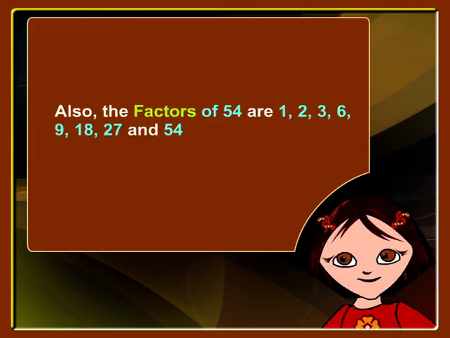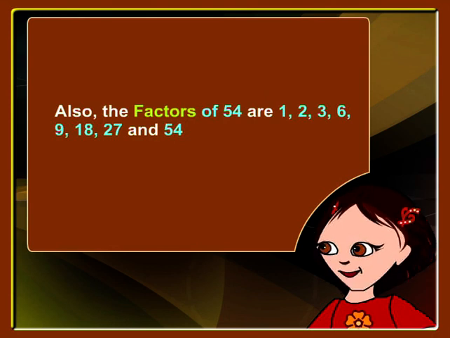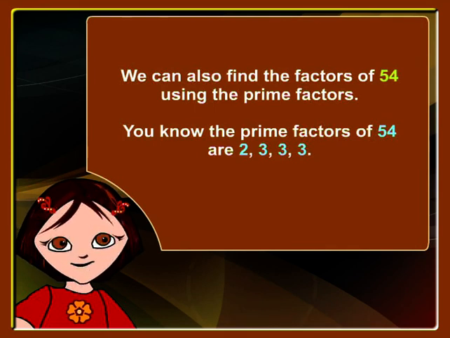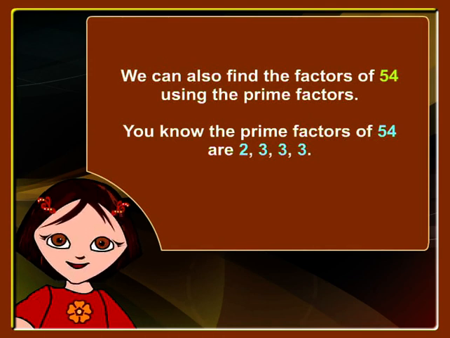You will find that the factors of 54 are 1, 2, 3, 6, 9, 18, 27 and 54. We can also find the factors of 54 using the prime factors. You know, the prime factors of 54 are 2, 3, 3, 3.